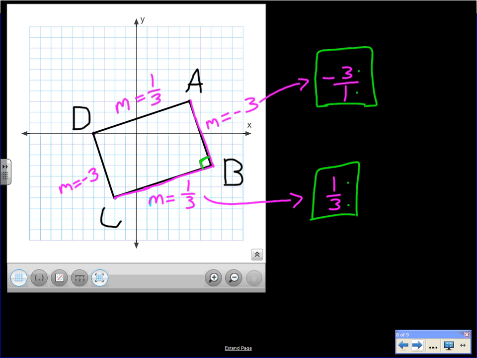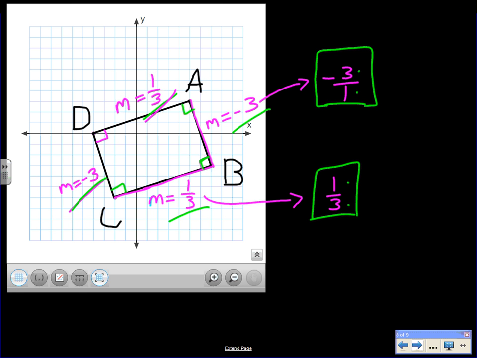And if we notice, this slope and this slope are also negative reciprocals. So right angle in there, and 1/3 and -3 are also negative reciprocals of each other. So we have a right angle there. And then for the last set, -3 and 1/3, those are going to be opposite reciprocals, or negative reciprocals, of each other, and we'll have a right angle there.